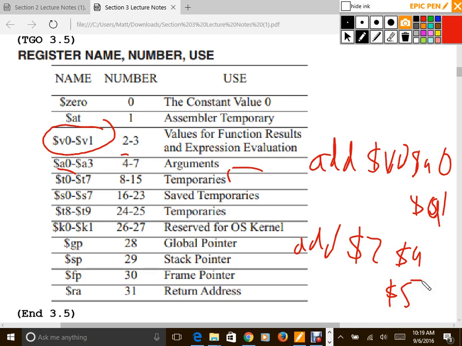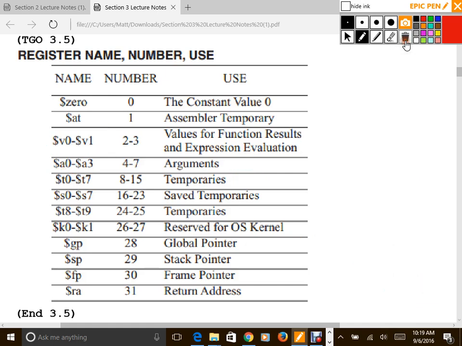If we then go through our whole R-type instruction, we know that for add, the opcode is 6 zeros. Our source 1 is a0, so that'd be 0, 0, 1, 0, 0 for RS. For RT, it's 0, 0, 1, 0, 1.